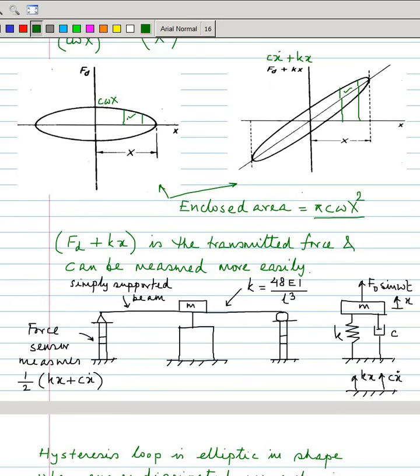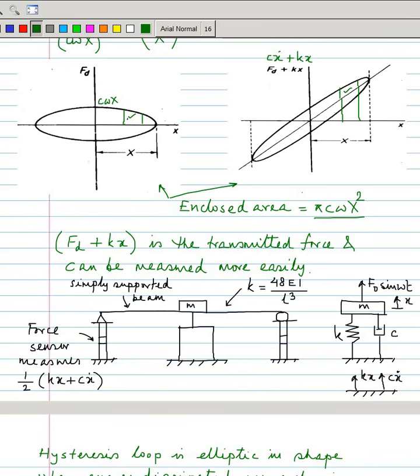So it is easier to measure the transmitted force, so it is easier to construct this graph. And since the area enclosed by this graph, which is the hysteresis loop actually, is the same, it is easier to draw this. So this graph is preferred.